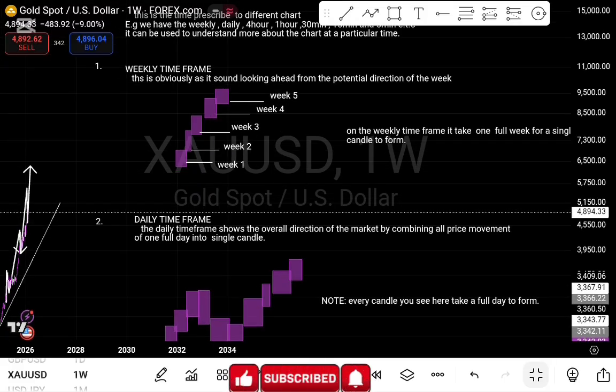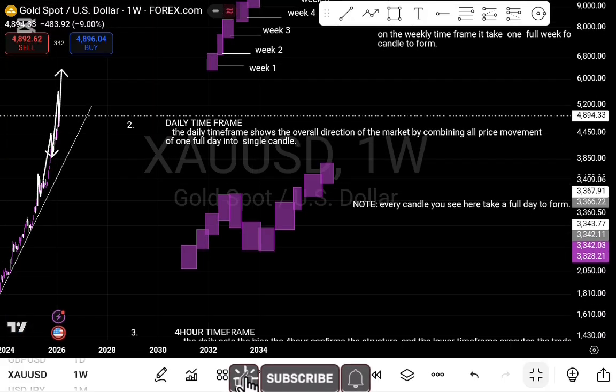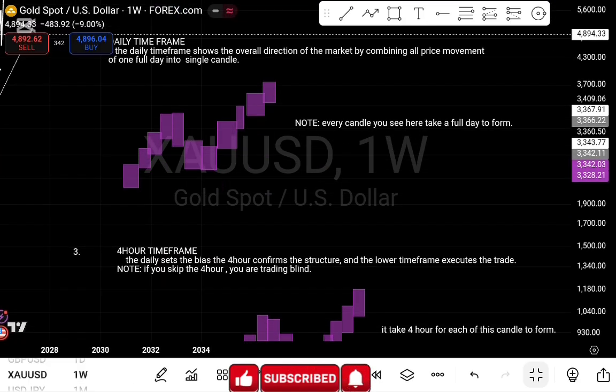So you can take note of all this and put them into practice. You need to think smart, guys. Think smart and trade smarter. Very important.